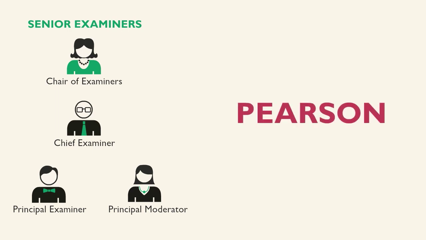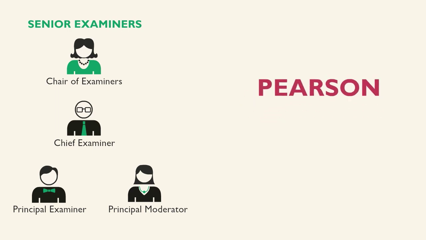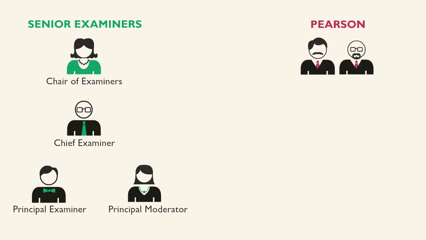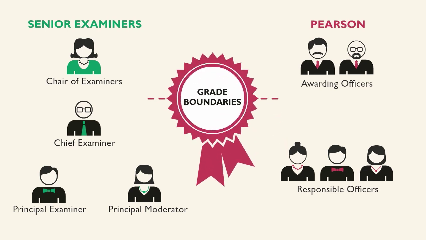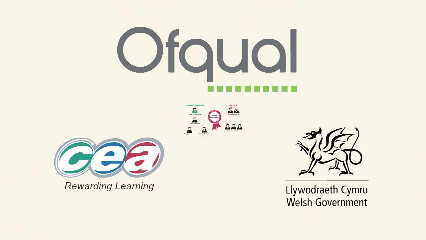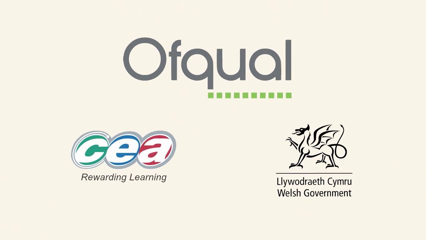There are also internal Pearson staff, including awarding officers who work with the experts to review the evidence, which informs where grade boundaries are set, and a responsible officer at each awarding organisation who is ultimately accountable for all final grade boundary decisions. The whole process is monitored by our qualification regulators.